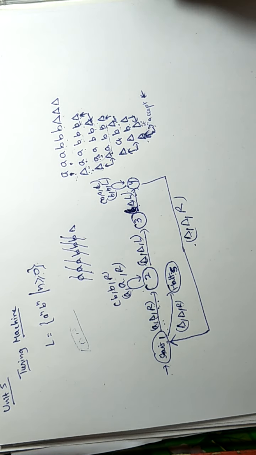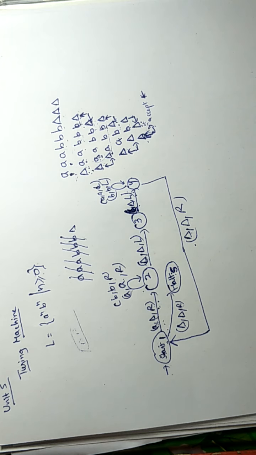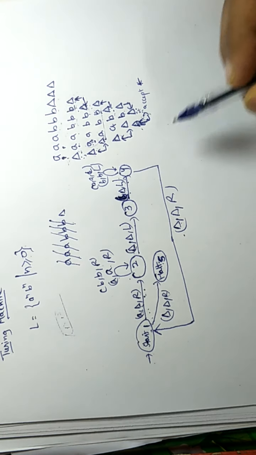So this is all for today's lecture, and this is a very important Turing machine, as it is a basis for the further Turing machines we will design. This will work as a base problem, and will give us an idea of how we move left or right.